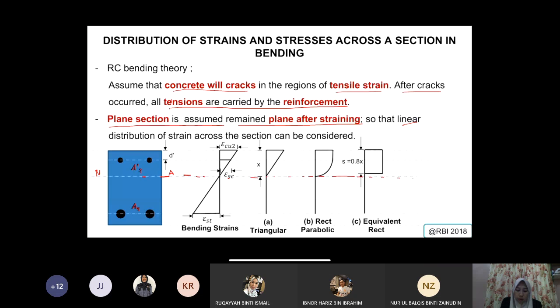When you have reinforcement, your neutral axis no longer stays at mid height. At this point you have two different reinforcements, the tendon at the bottom and the tendon on the top. So you have something like this.